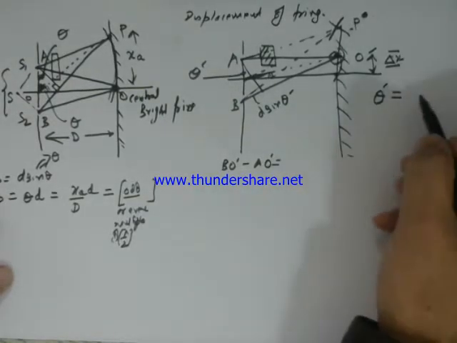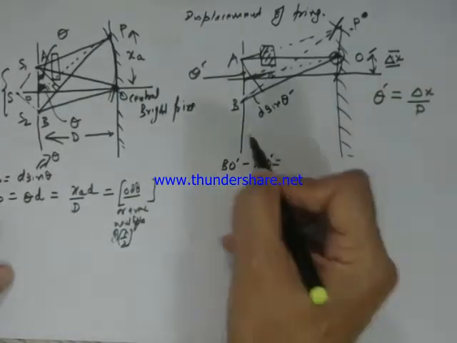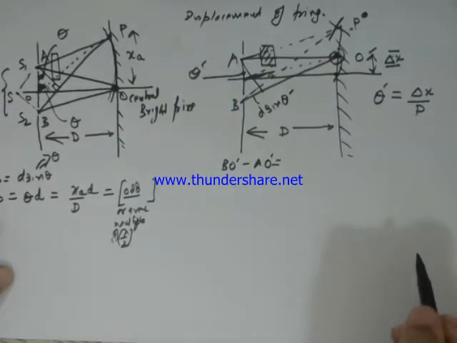How it vanishes we will see. Now theta dash is delta x upon D. This is the distance between the screen.